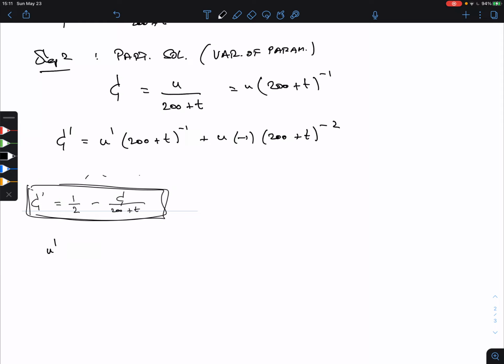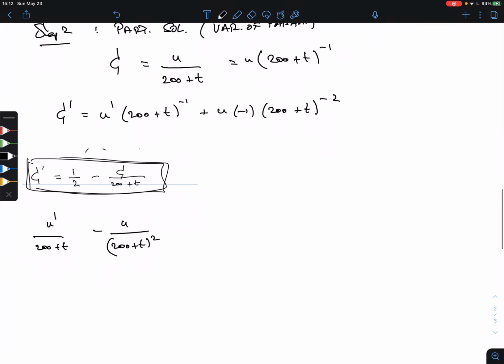So I'm going to do that. So we get u prime over 200 plus t, minus u over (200 plus t) squared, equals a half minus c, no, be careful, c is u over 200 plus t, divided by 200 plus t. Don't forget, there's a c here, and c is this expression.